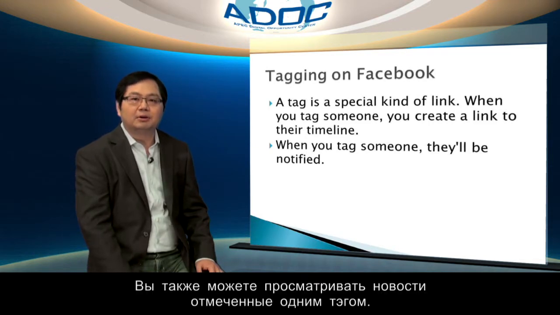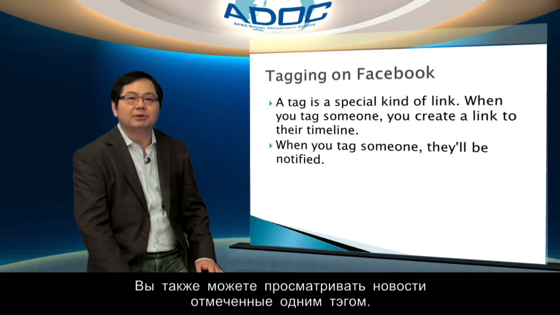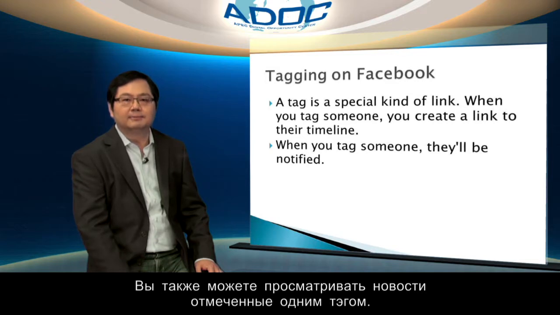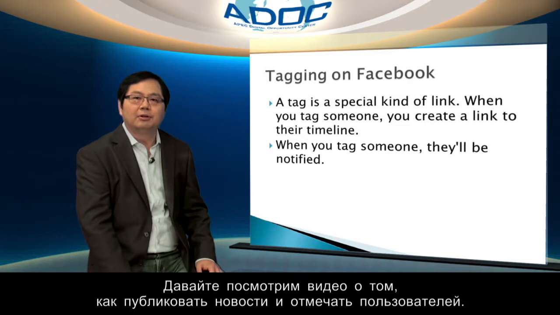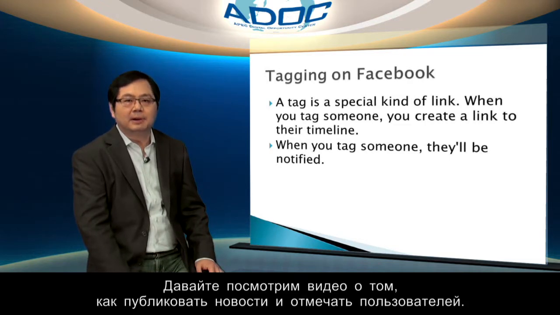You can also choose to review tags by anyone, including your friends. Let's watch the video about the way to post in the newsfeed on Facebook and tag my friends in the message.